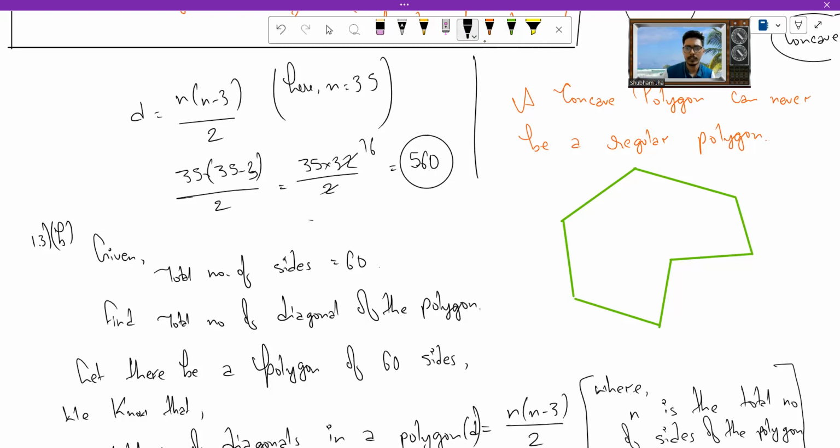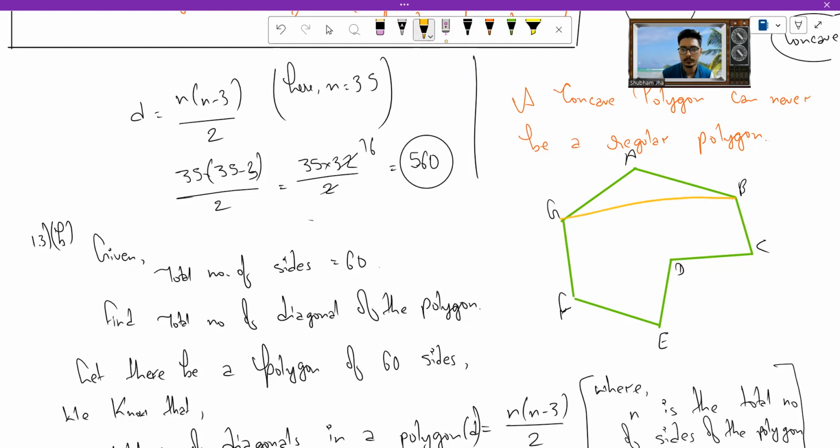Now this is my A, B, C, D, E, F, and G. Now if you look at the diagonals, what are the diagonals here? Let's draw the number of diagonals.